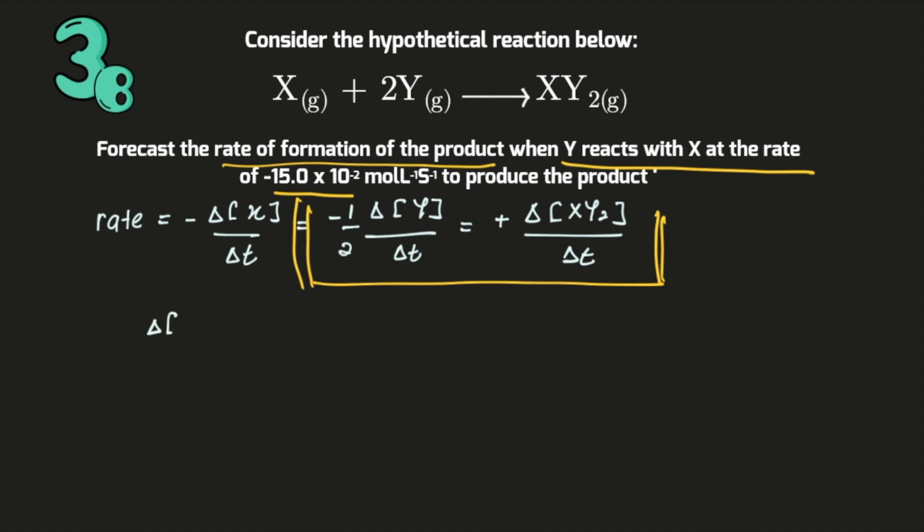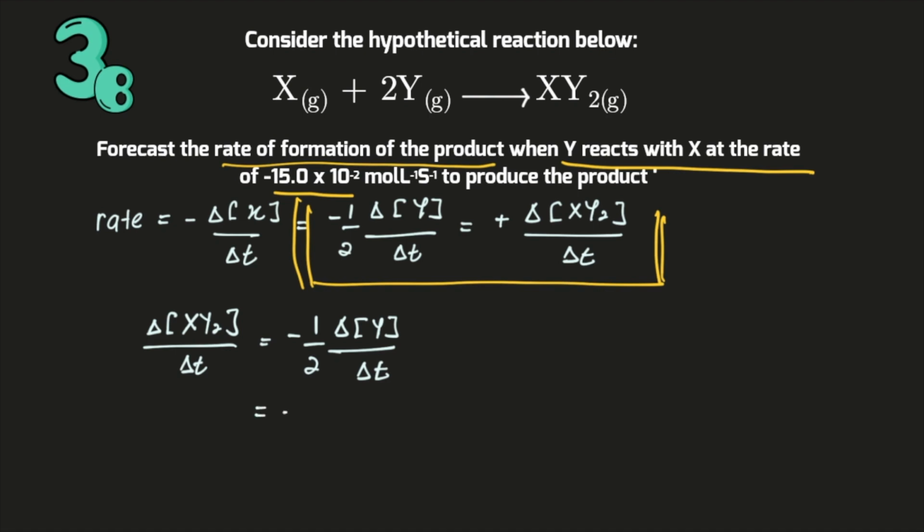So delta concentration of XY2 over delta T is equivalent to negative 1 over 2 delta concentration of Y over delta T. Given to you in the question, delta concentration of Y over delta T is equivalent to negative 15 times 10 to the power of negative 2.